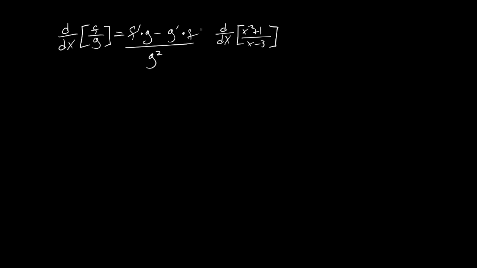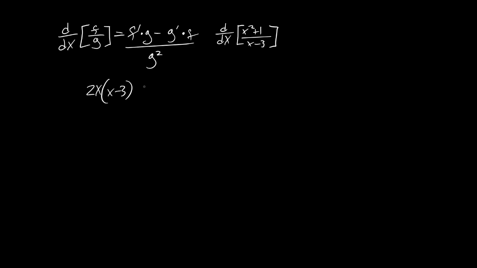So firstly, f is the numerator, and g is the denominator. So let's get the derivative of x squared plus 1. So positive 1 doesn't have a derivative, so we're just going to get x squared's derivative, which is 2x. And we're going to just plug in g, x minus 3, and that's the first part done.